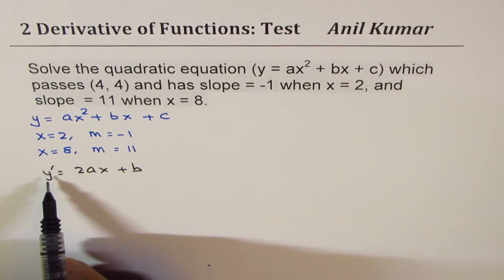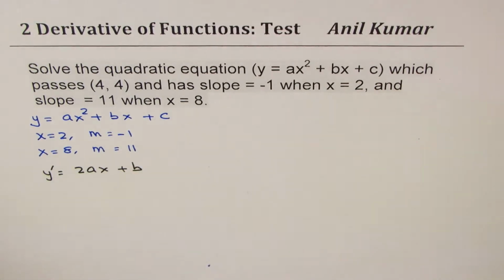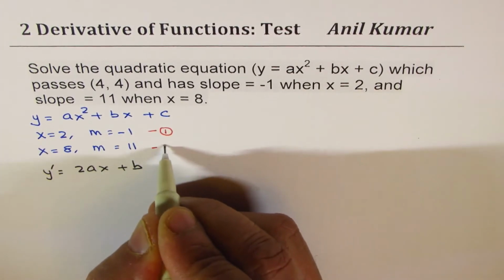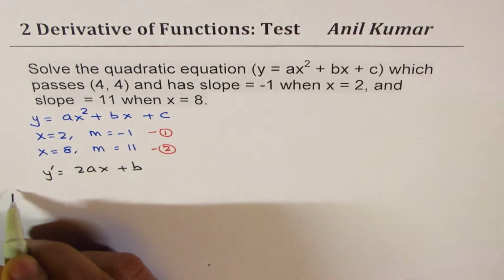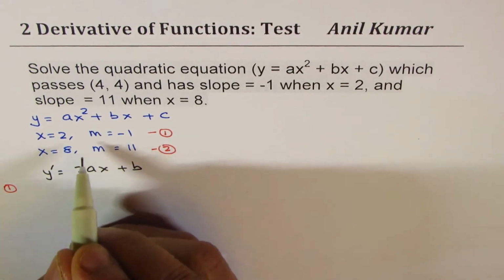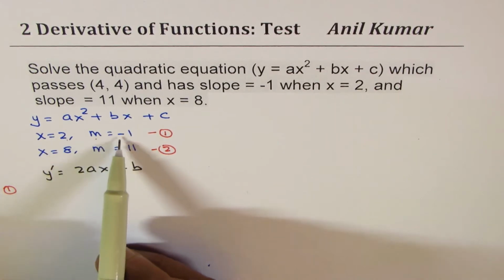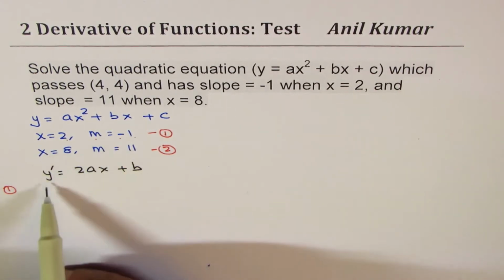Now these two conditions will give me two equations. So y dash is basically the slope. Let me write this as condition number 1, and this is condition number 2. If I substitute the first condition, at x equals 2, slope is minus 1. So m is y dash, right?